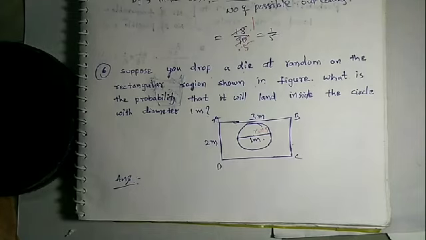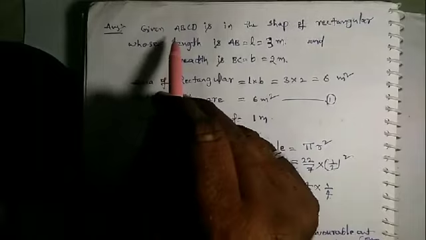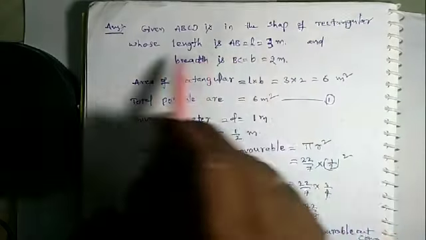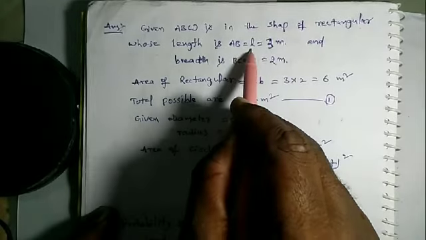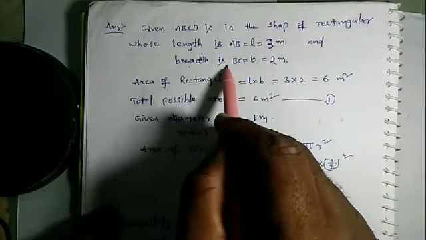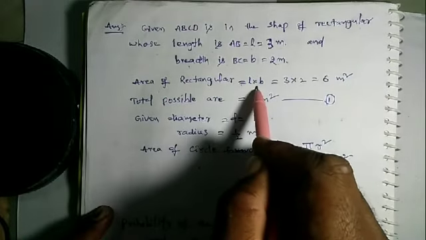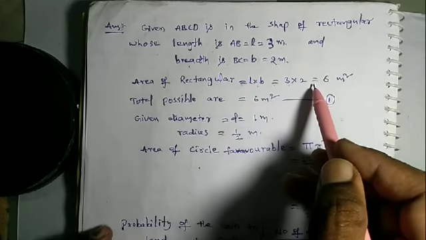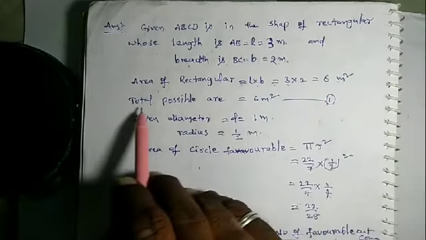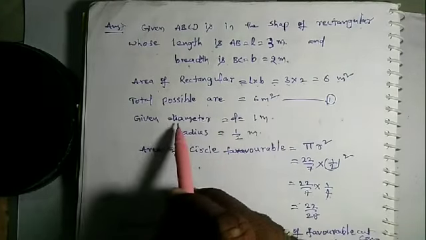Check how to solve this problem. Given ABCD is in the shape of a rectangle whose length l is equal to 3 meters, breadth is 2 meters. Area of rectangle is equal to l into b, 3 into 2, that is 6 meter square. Total possible outcomes are 6 meter square.